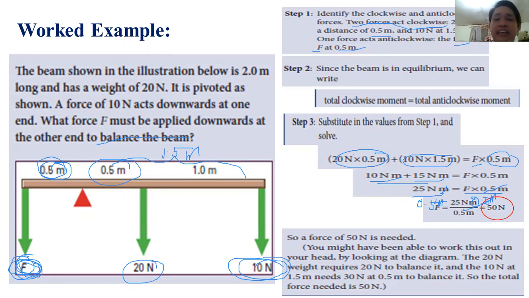The 20 newton weight requires 20 newton to balance it, correct? And the 10 newton at 1.5 meters needs 30 newton at 0.5 meter to balance it. So the total force needed is 50 newton. That is the other way to answer the problem.